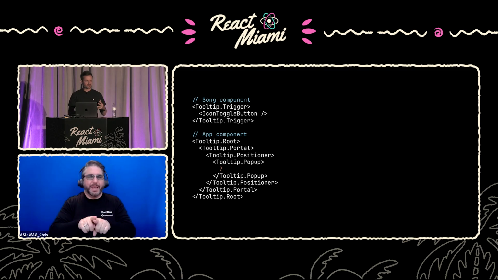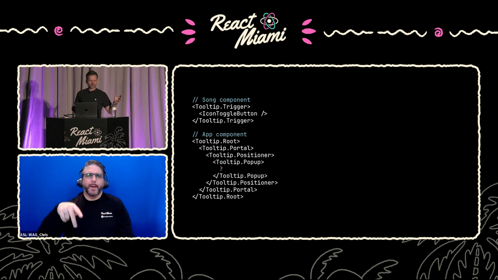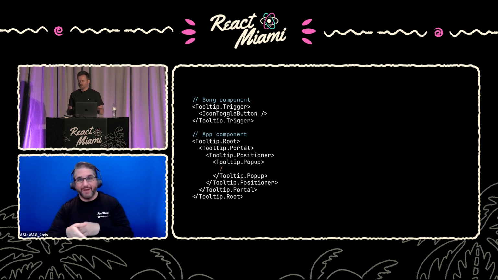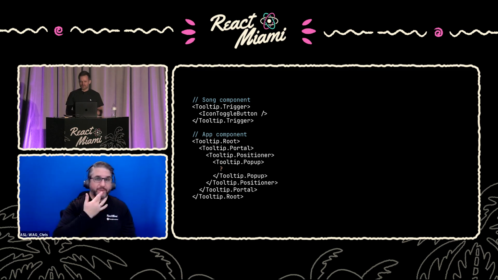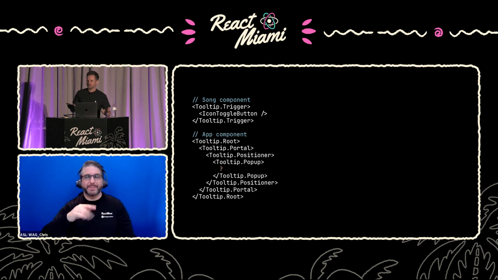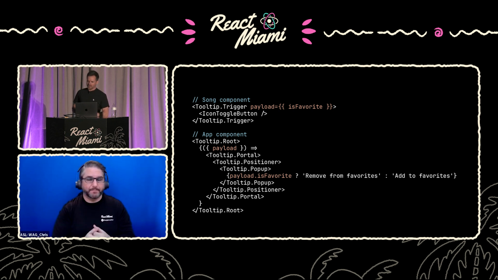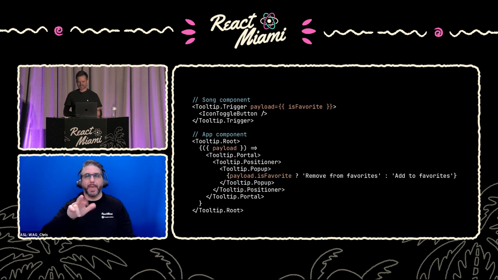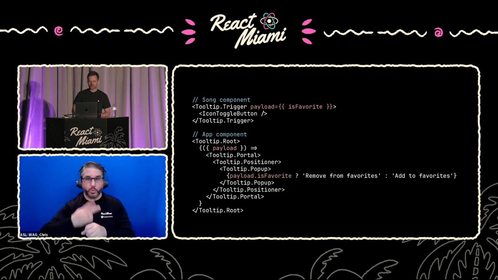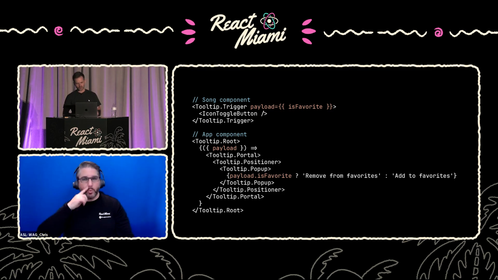So the first problem that arises here is what should be the content of the pop-up? How do we know whether to show add to favorites or remove from favorites? Or what if the content of the tooltip is entirely dynamic and, for example, has the name of the song in it? We solve this with the payload prop, and whatever is set as payload of the trigger used to open the tooltip can be read from within the root part.